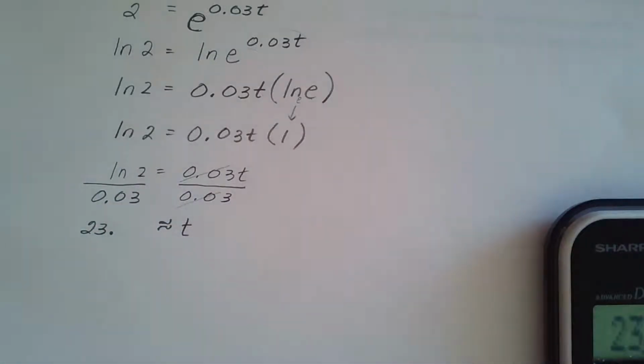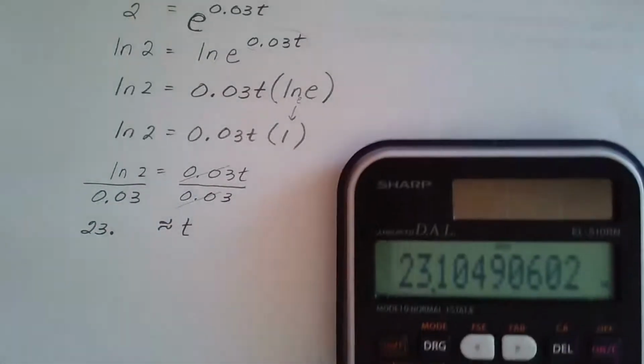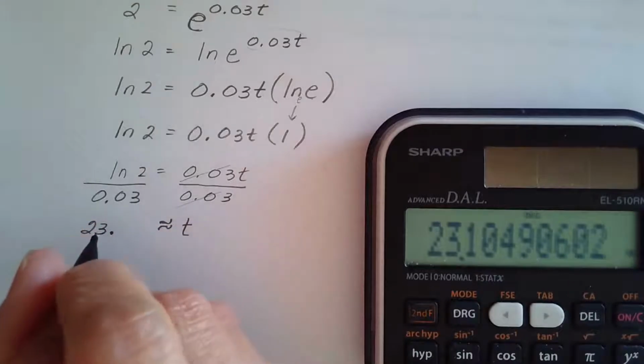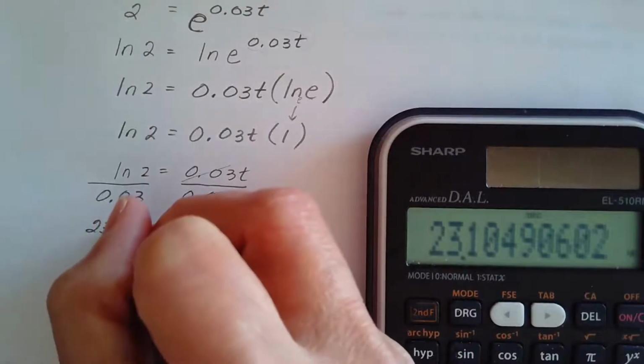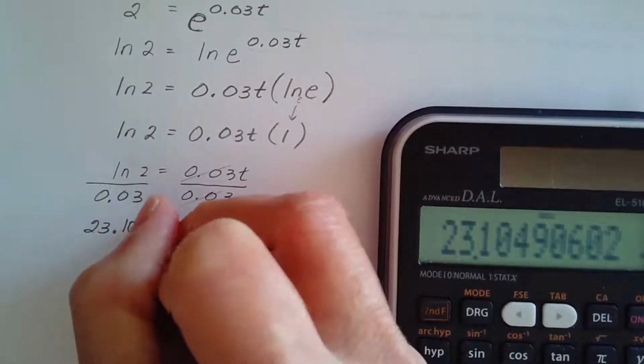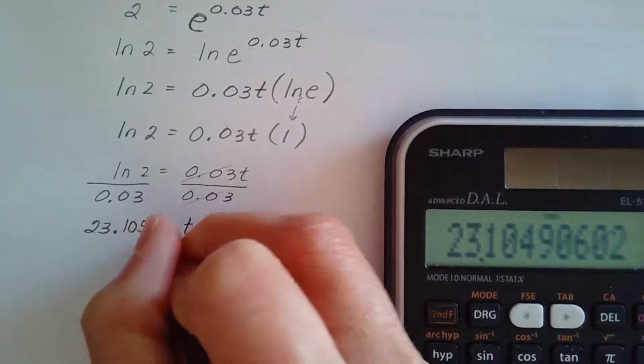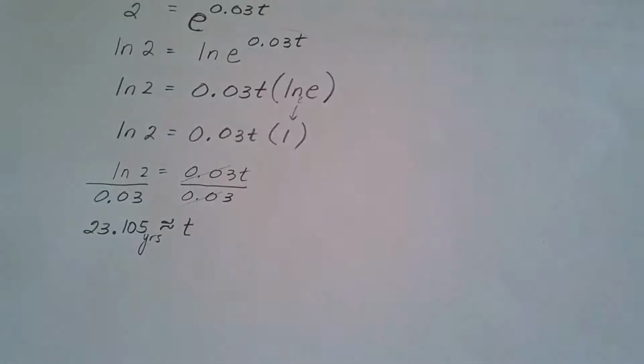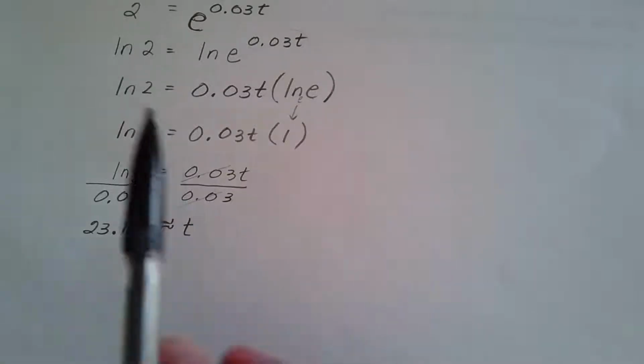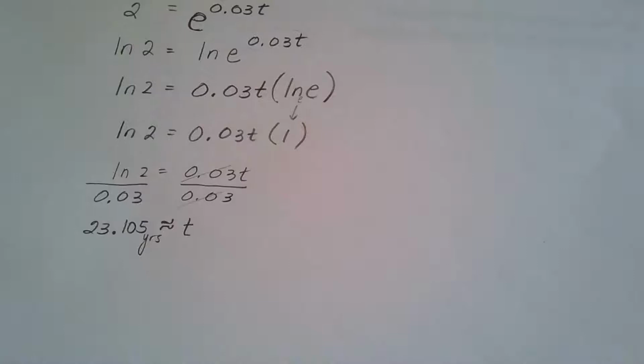And let's round it off to 3 decimal places: 23.105. And because that's time, that talks about years. Okay, so it takes about 23 years to double the population to 60 million.